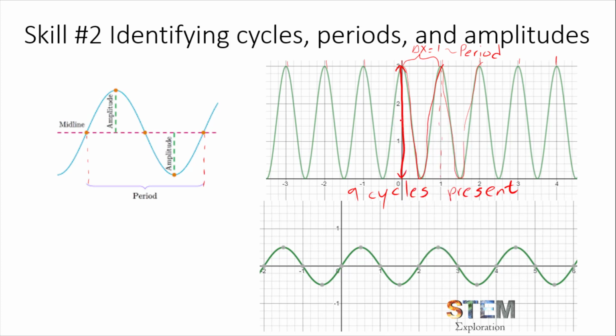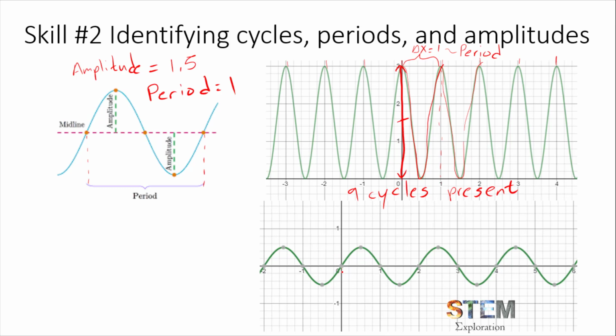That means that the amplitude for this given periodic function is simply 1.5. Okay. So the amplitude is equal to 1.5, and the period is equal to 1.